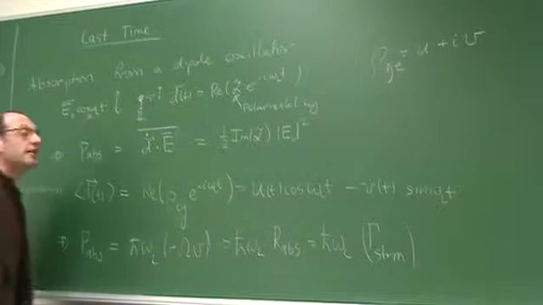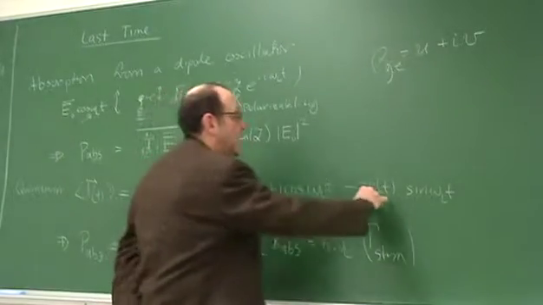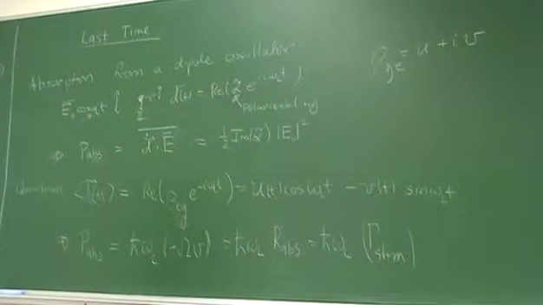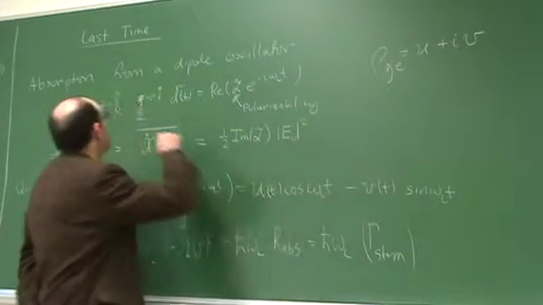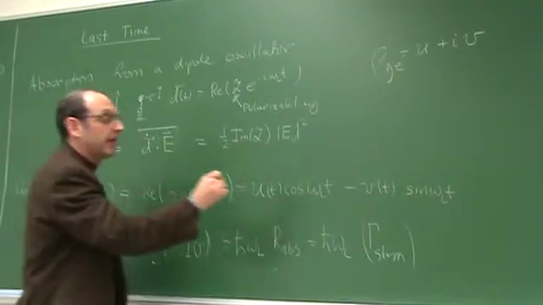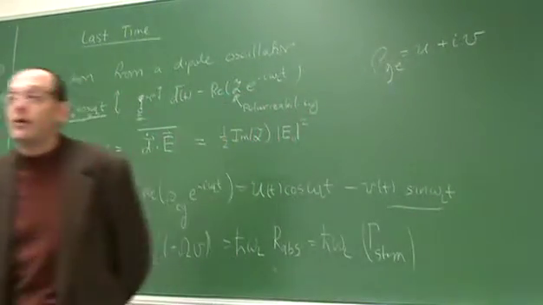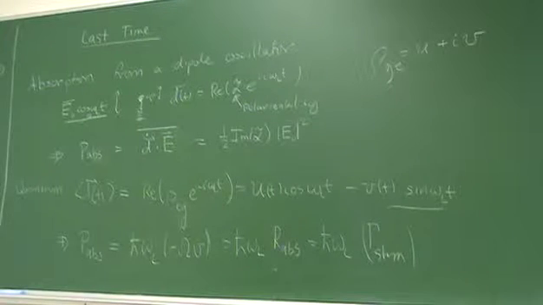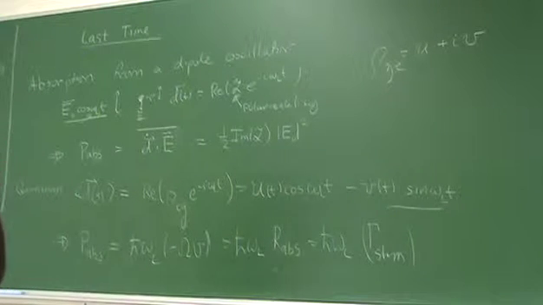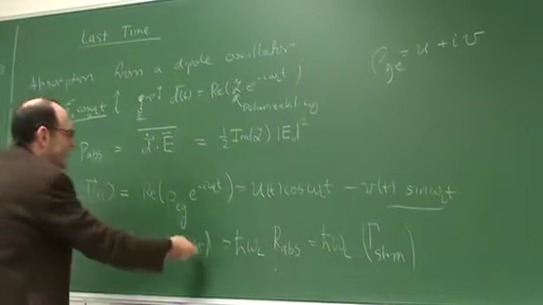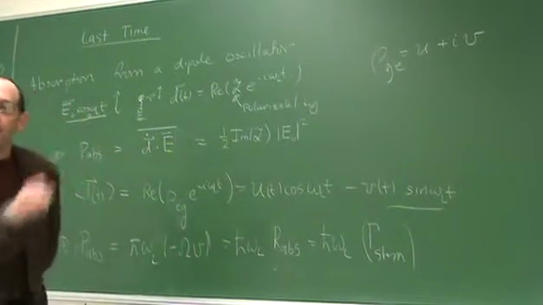And those u and v terms are related to the real and imaginary parts of the polarizability, because the real part of the polarizability tells me how much of the oscillation is in phase with the drive, and the imaginary part tells me how much is in quadrature. And so the absorbed power, according to this formula then, is related to, in this notation, the negative of the v component. v, as we'll remind ourselves, is negative, so this is overall a positive number.